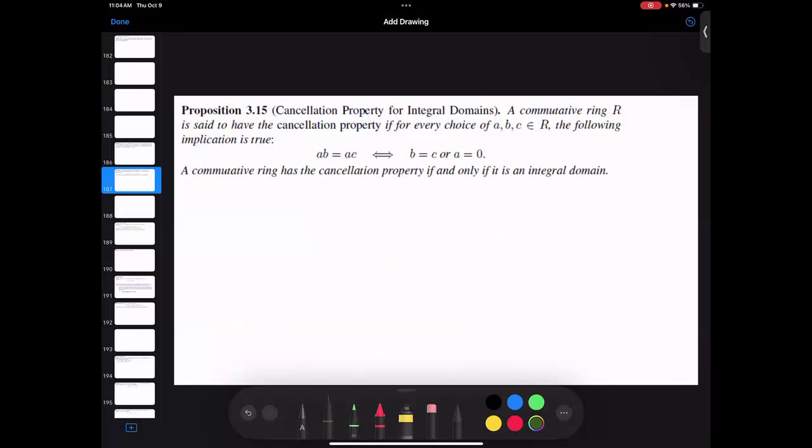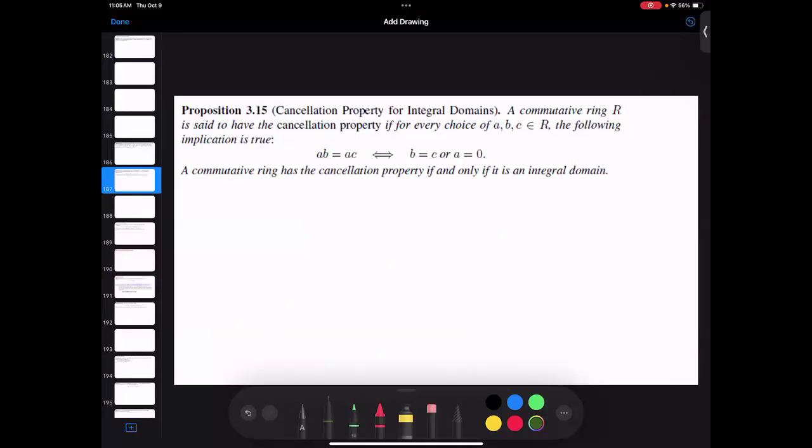Cancellation property. So a commutative ring R is said to have the cancellation property if whenever you have AB equals AC, you can just cancel the A's and get B equals C. Or there's one other thing you have to be careful about: or A was equal to 0. Right? 0 times 3 equals 0 times 7.